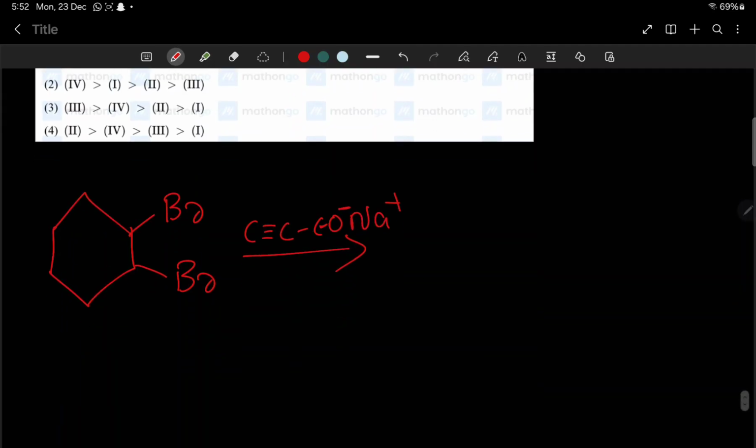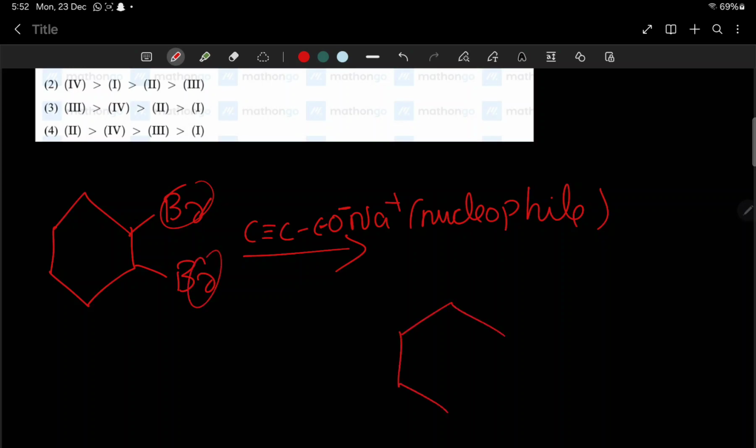We attach this. This is a nucleophile, and only one nucleophile is used here. So at any one position, here or here, this will go and attach. Let us attach it anywhere and we'll write the formula. Br, which is attaching here. So we'll get O, C triple bond C, single bond, triple bond C.